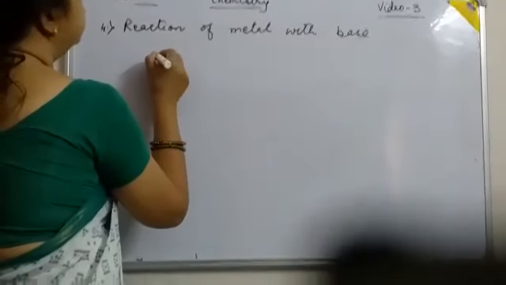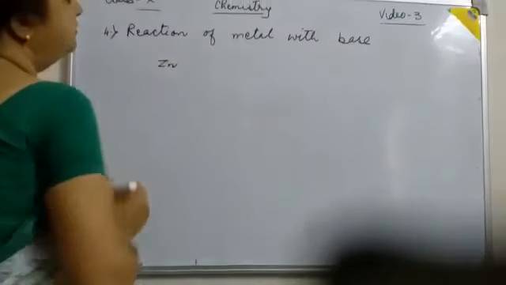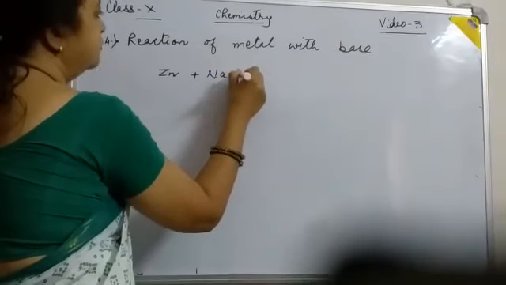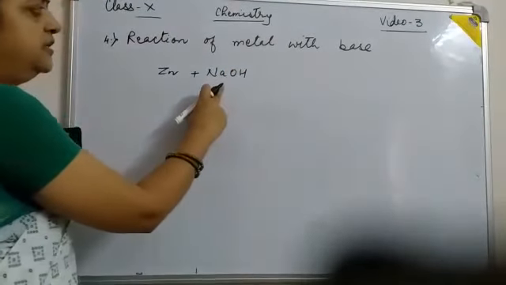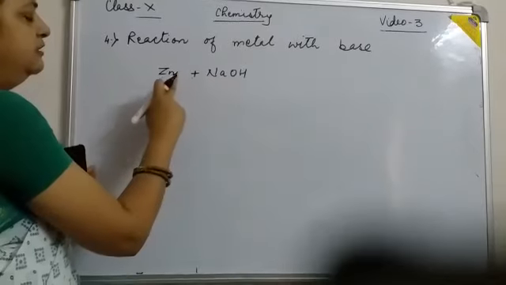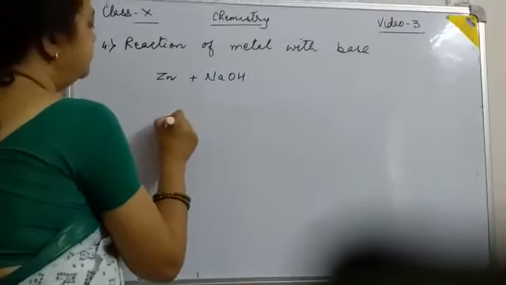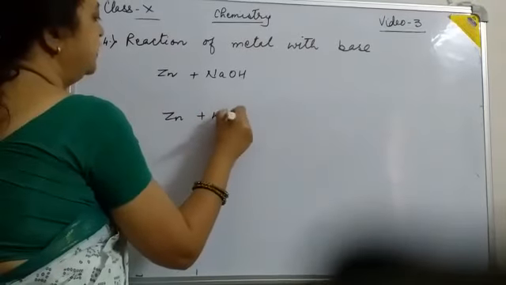As we already studied in chapter 1, when zinc reacts with sodium hydroxide, the base needed here should be an alkali. You can react zinc with potassium hydroxide also.